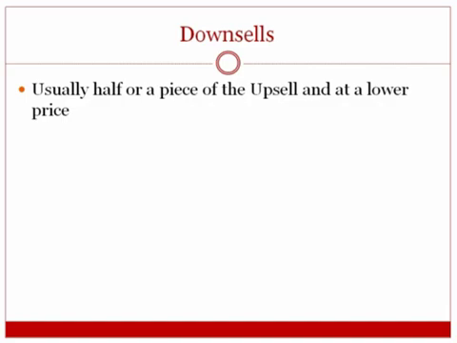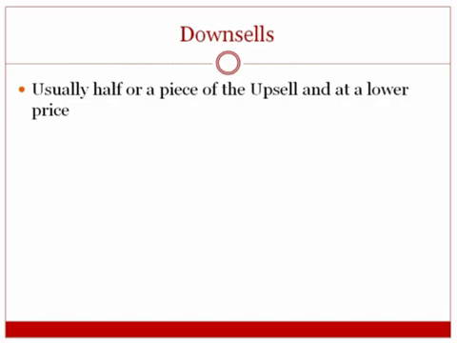So a downsell is basically half or something lower than the upsell. So in this case, if I offer a one-time offer of a graphic design software for the upsell, for the downsell I could offer that software, but maybe it doesn't have as many features and so forth.